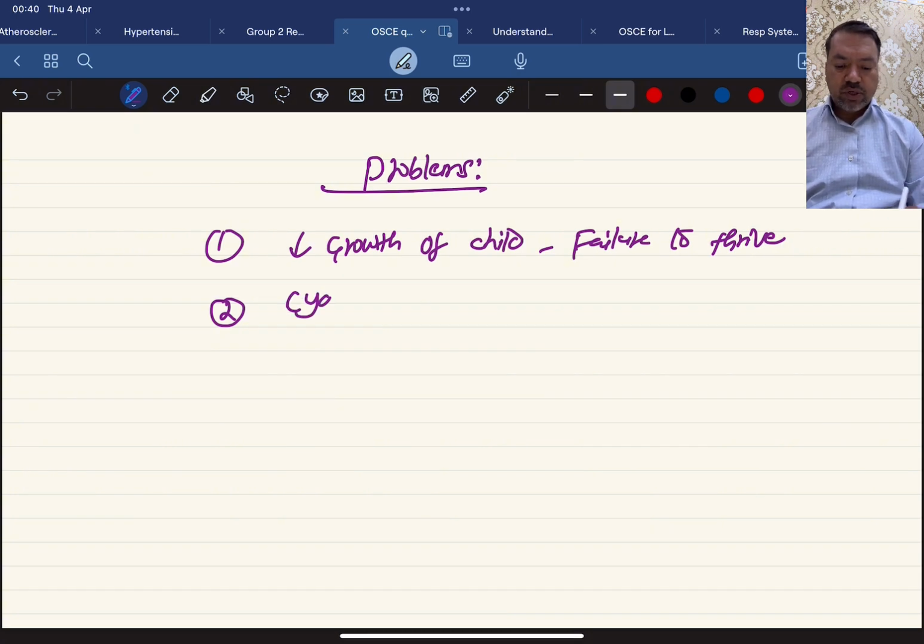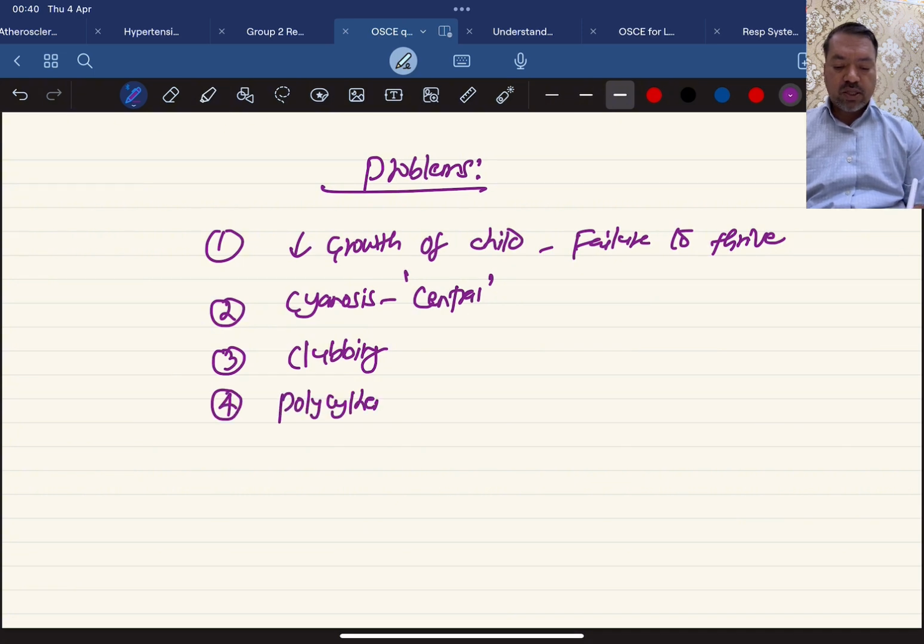Number two, it can lead to cyanosis, and there is central cyanosis in the child, or the baby. Number three, there will be clubbing. This clubbing is a feature of chronic hypoxia. Number four, there is polycythemia, and polycythemia is because of chronic hypoxia again.